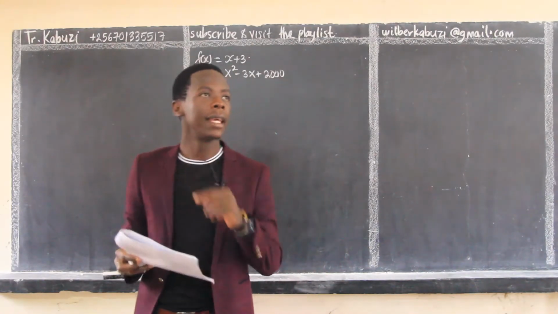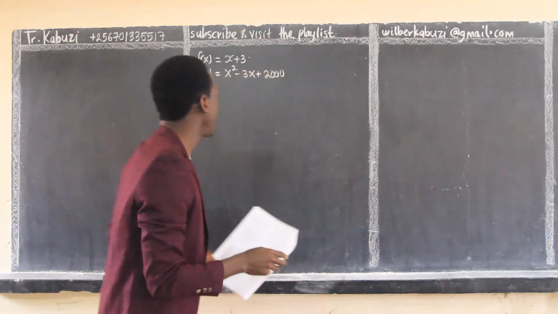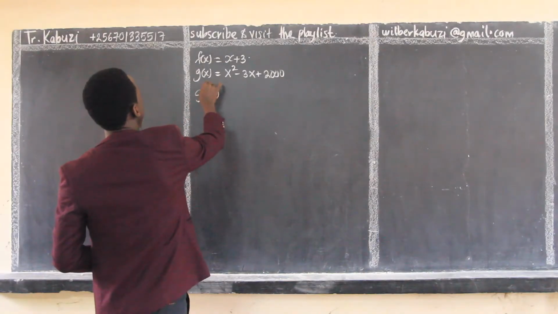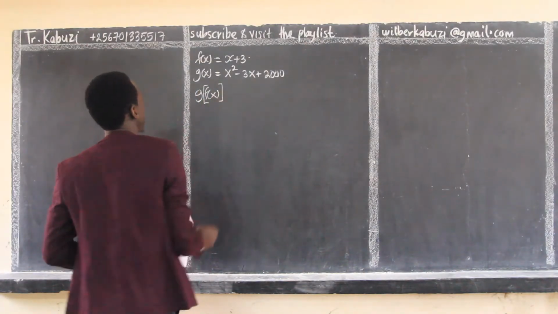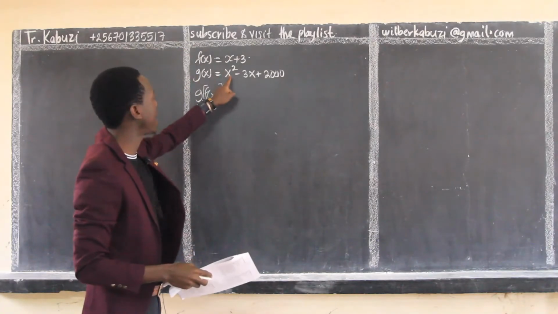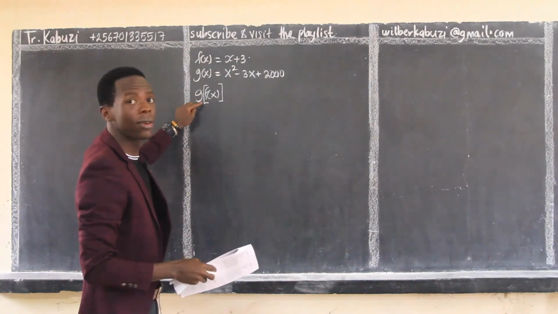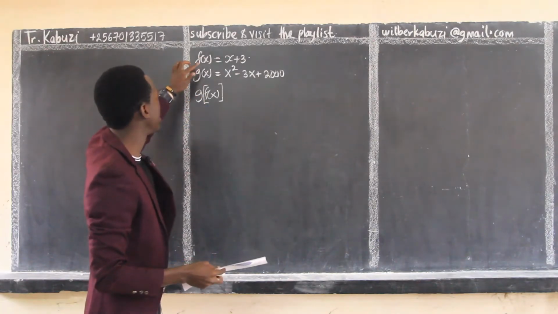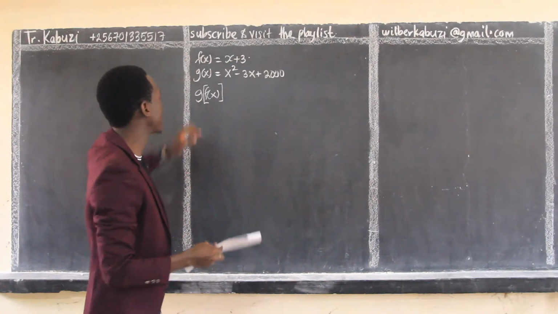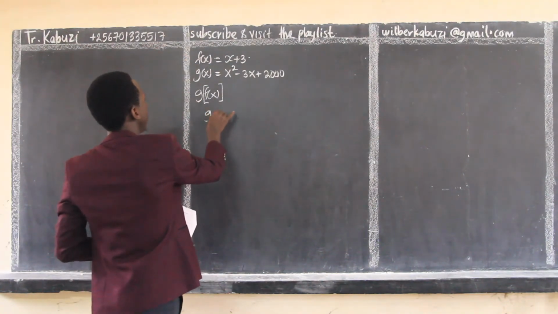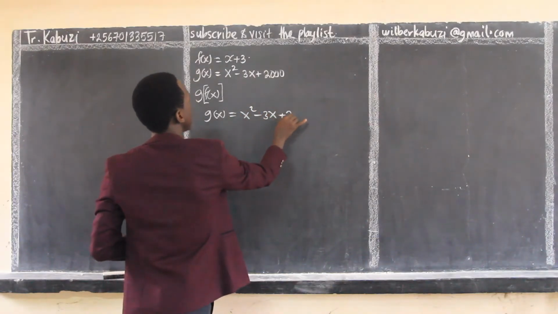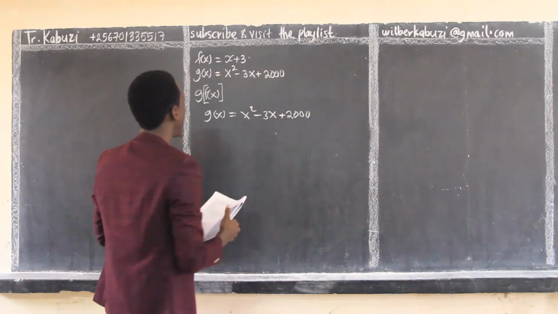Now here, they want us to get g of f of x, meaning we are going to get this composite function. This means that we are going to substitute this function into this so that we can get this composite function. So it's always better we start with this original function, the one that starts here. So now our g of x equals ... 200.